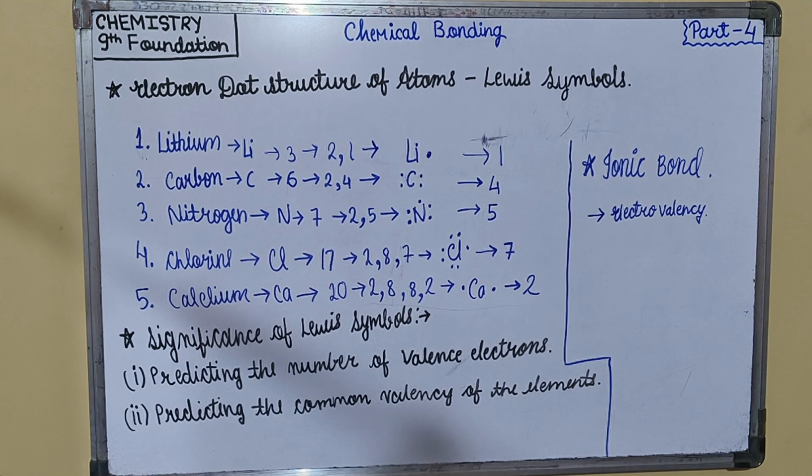The number of electrons transferred during the formation of ionic bond is known as electrovalency. For example, the electrovalency of NaCl is 1. The electrovalency of MgCl is 2. I hope you've understood till this.